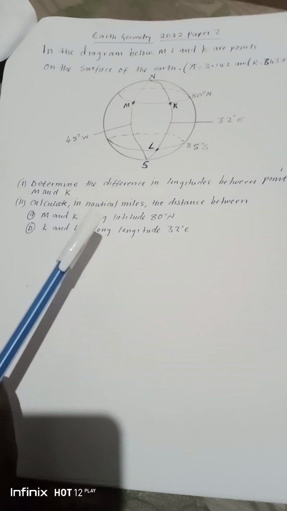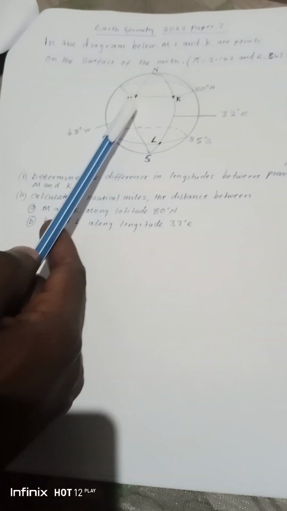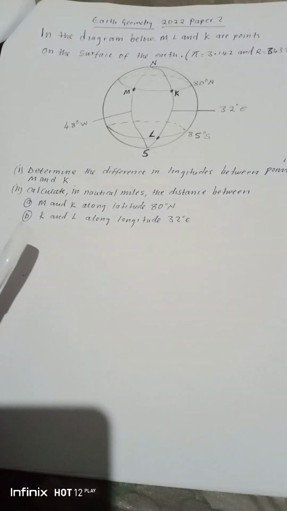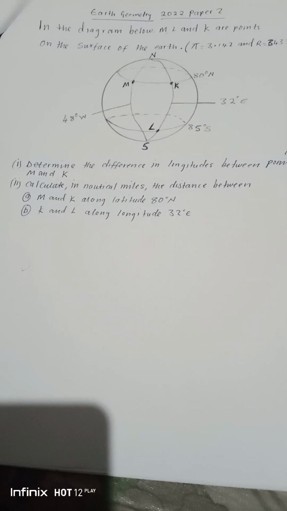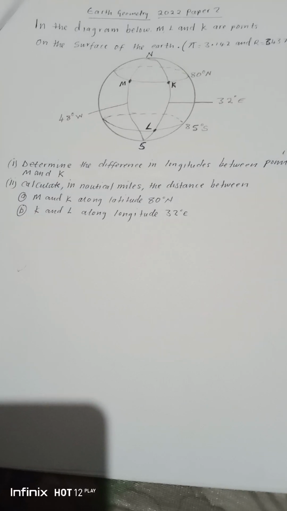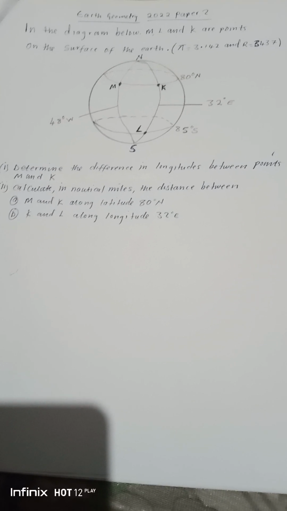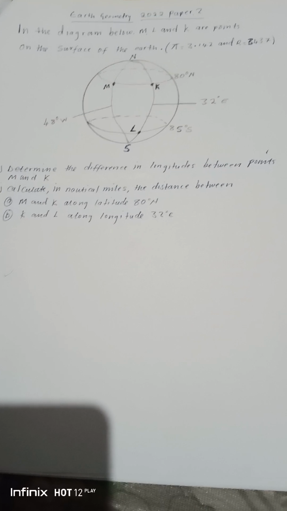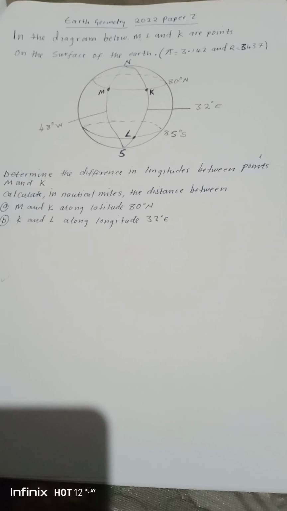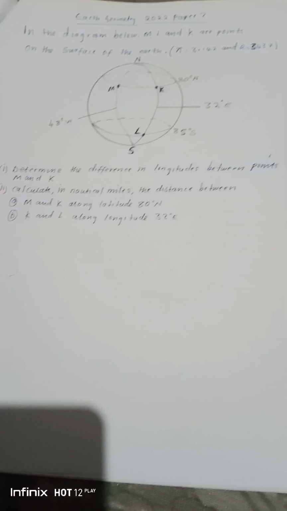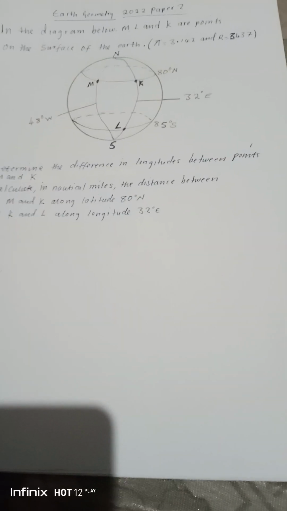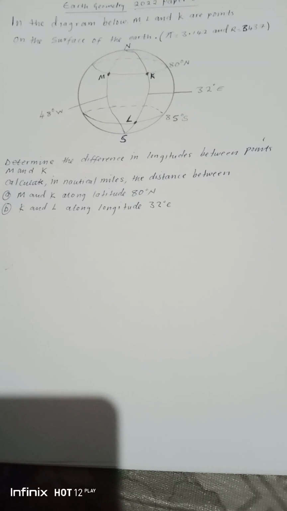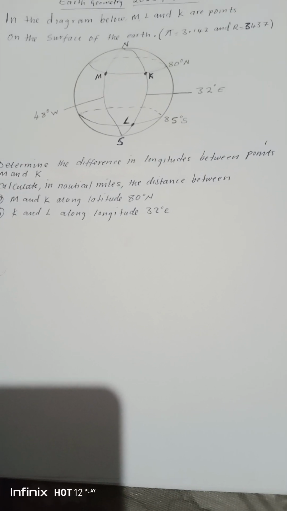So to start with the difference between point M and K, one thing that you as a learner must bear in mind is that when finding the difference between two given points, there are two operations you can use. You can either add or subtract, depending on the position of those points. So what do I mean?